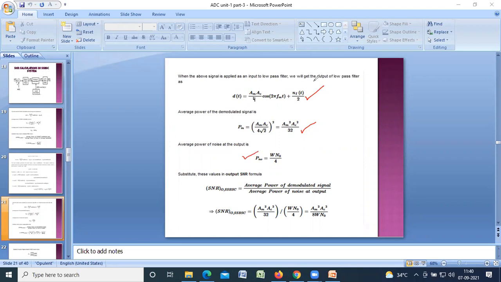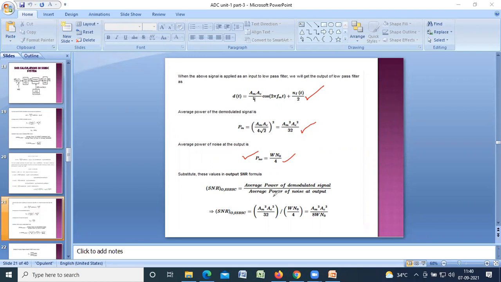Then your average power of noise at the output. How? NIT by 2, NQ by 2, half is 1/4. That is W N naught by 4. That is your average power of noise at the output. Now you have to divide both. You will get signal to noise ratio of output.